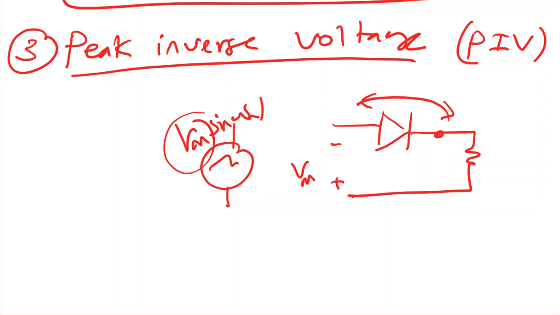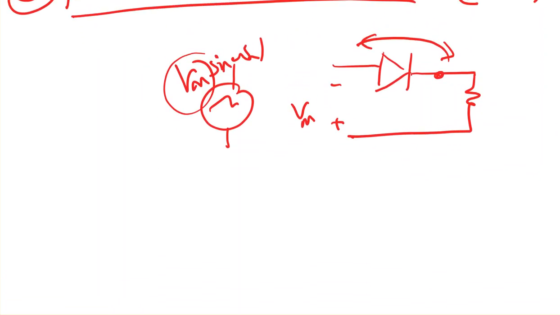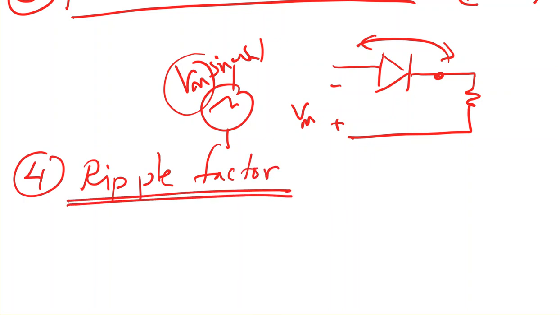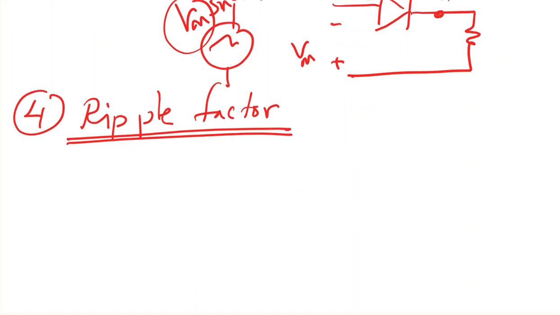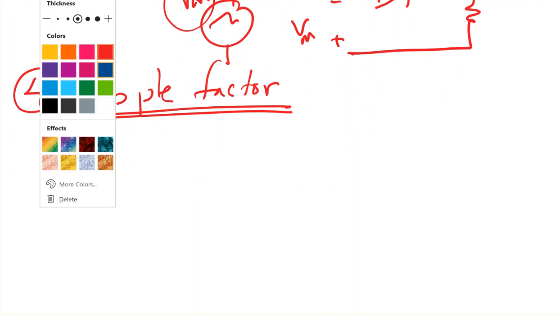Maybe the last one, or the one before the last one, is called the ripple factor. Again, this is due to the fact that, as you noticed, our output voltage of the rectifier is not pure DC.